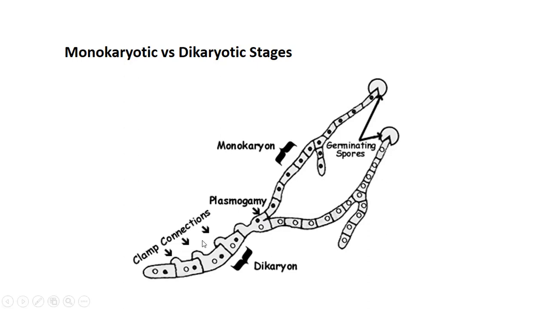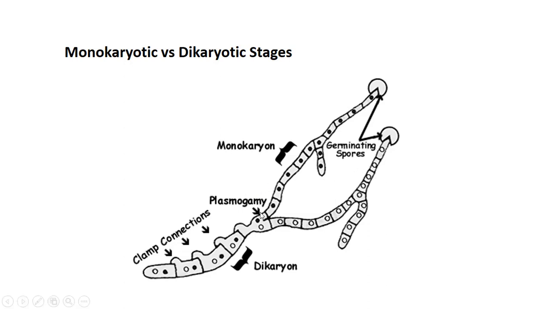However, in fungi, it's very different from other organisms again. That's why they're fascinating. They're just so unique. The nuclei of the two parents don't fuse right away. So we actually differentiate fertilization into two processes. One called plasmogamy, and the other called karyogamy, which is not shown in this diagram.